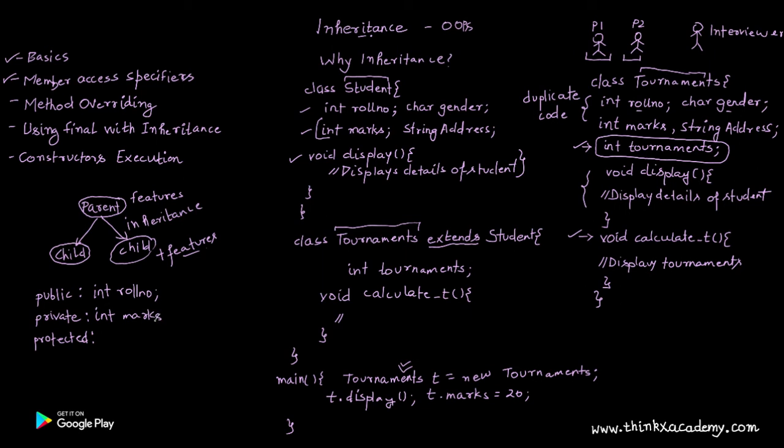So once you have made this marks as private, it cannot be accessed by any of the subclasses. If you have made this variable private, you cannot assign using the object of the subclass. So this will just give you an error.